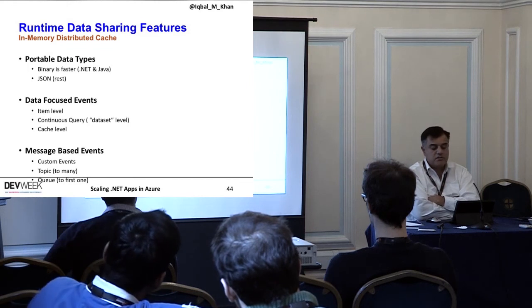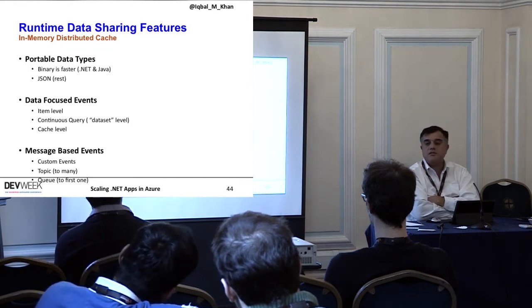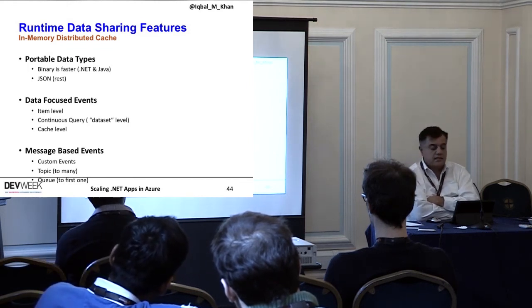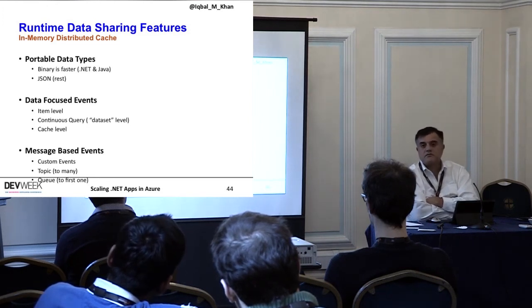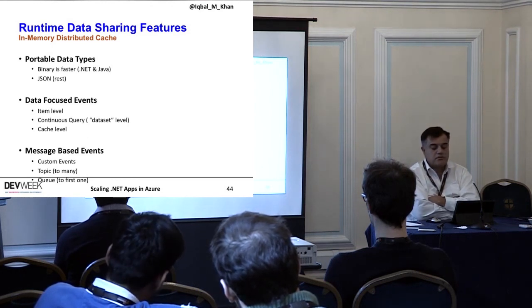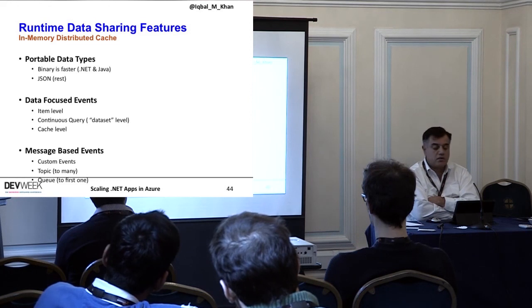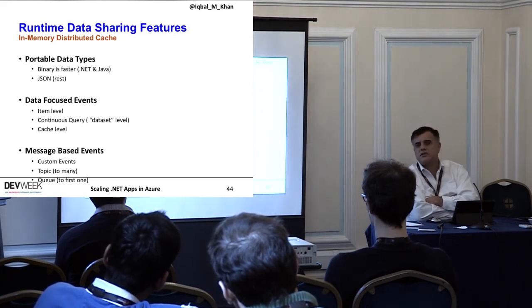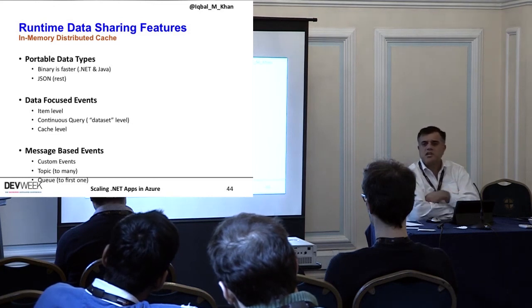Then there are some data-focused events, which, as I mentioned, the message queues don't provide, which is item level. So you can say, if this item changes, notify me. There's also a feature that some of the distributed caches provide called continuous query, which is like a SQL dependency, actually, but it's on a cache. You specify a SQL type of criteria.